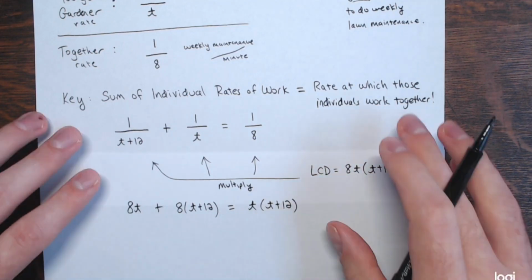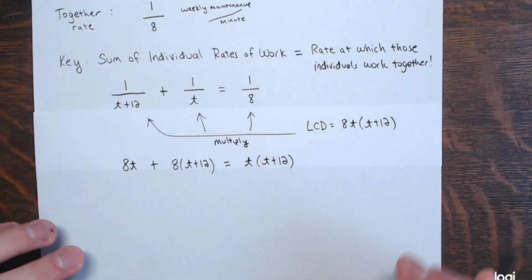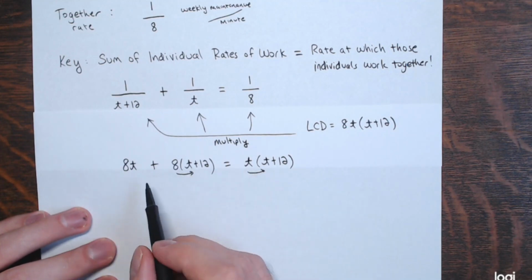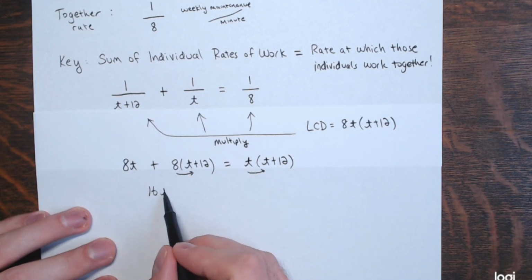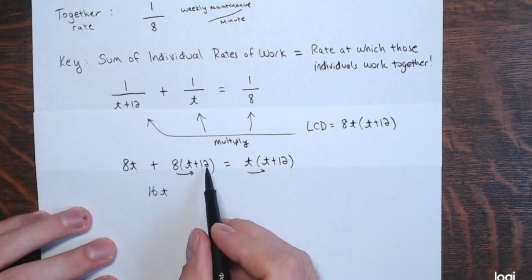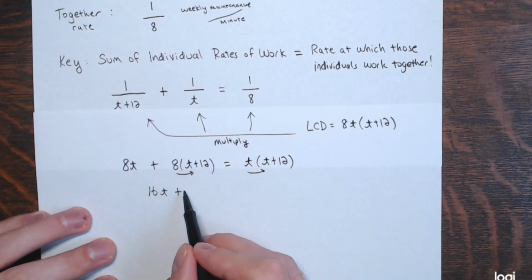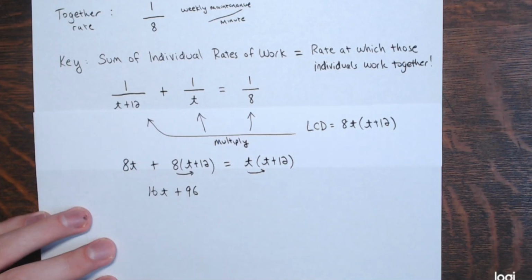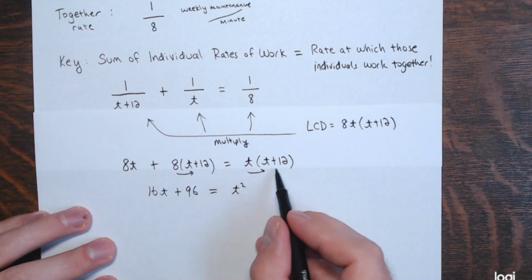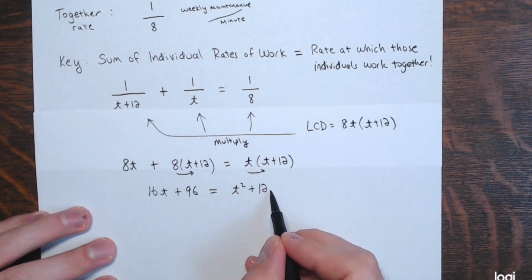All right, and this is a quadratic equation that I'm solving. Distribute the 8, distribute the T, and we'd have 8T plus 8T plus, and then 8 times 12 is 96. So 16T plus 96 on the left equals T squared plus 12T on the right.